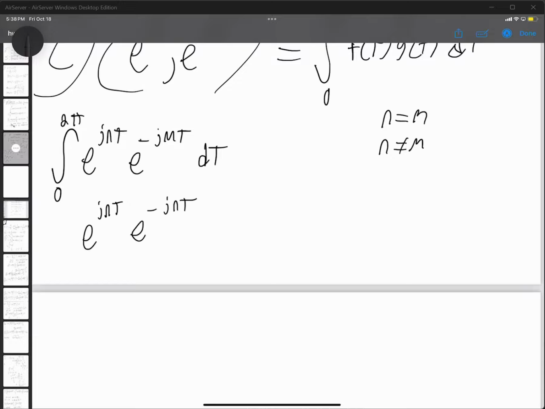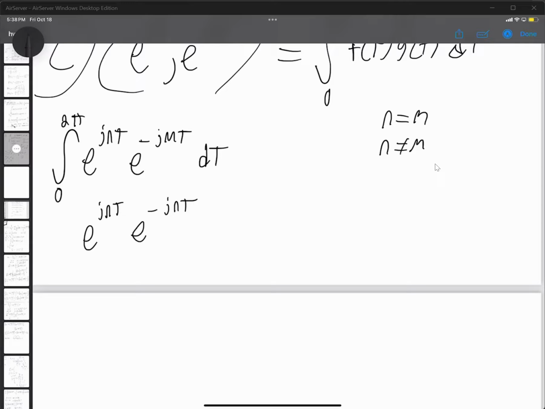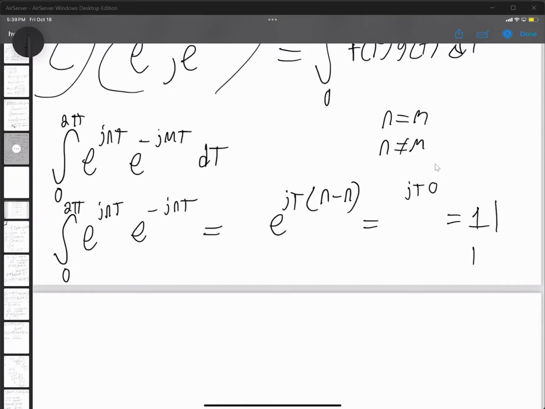So exponentials, factor out the j and the t, it'll be n minus n, which is equal to 0, so e to the j t times 0, and it'll just lead to 1 as your answer. Integrate that, you'll get t from 2 pi to 0. When n is equal to m, we'll get 2 pi, okay?